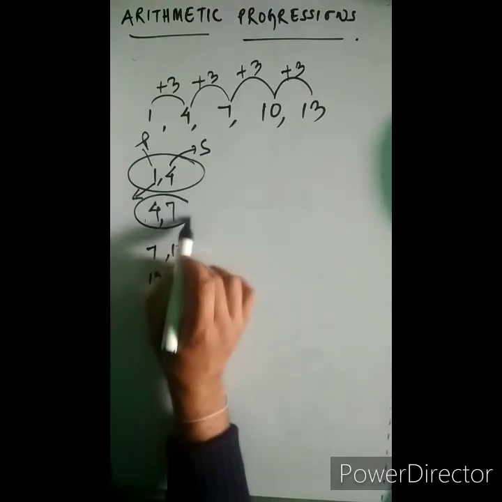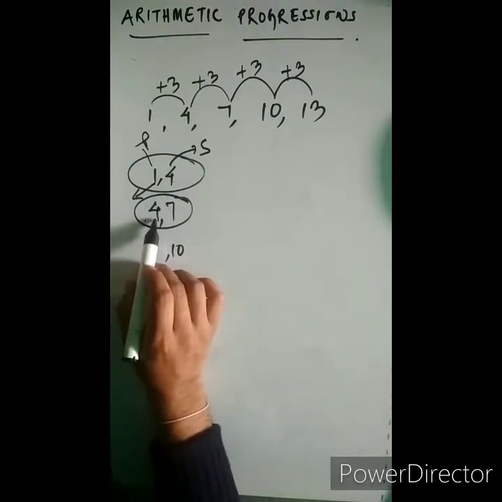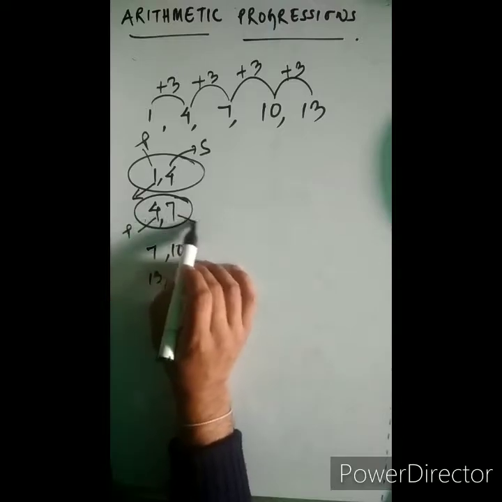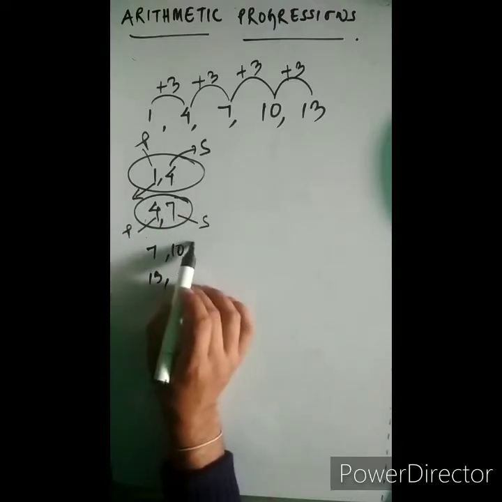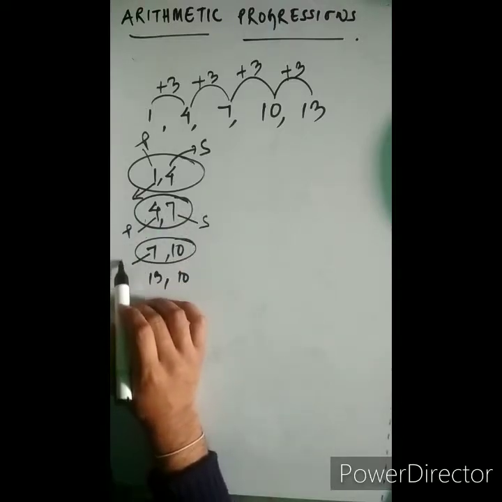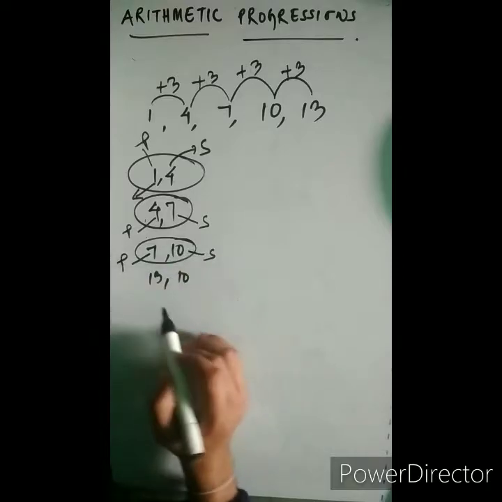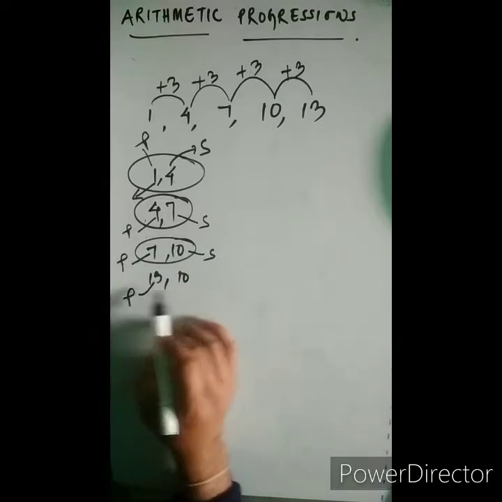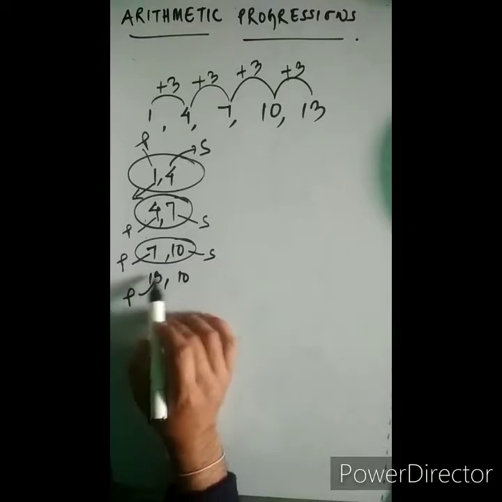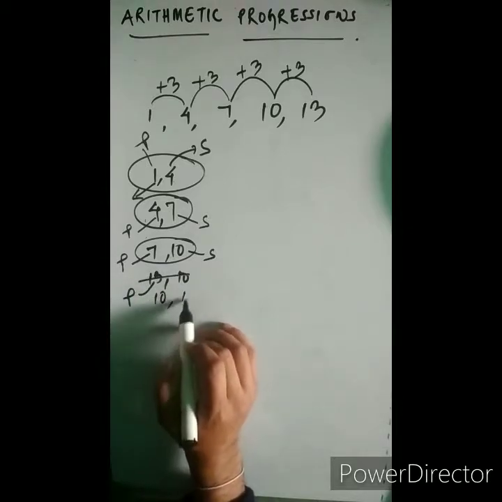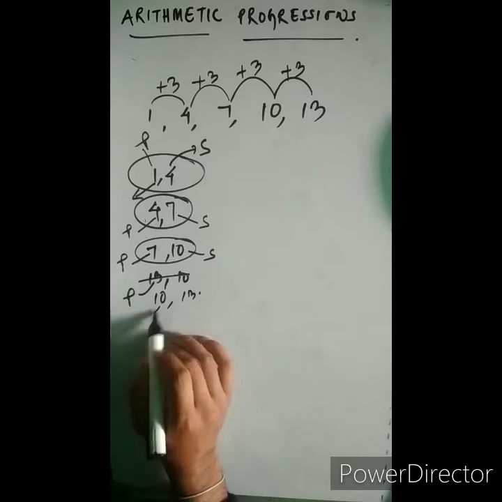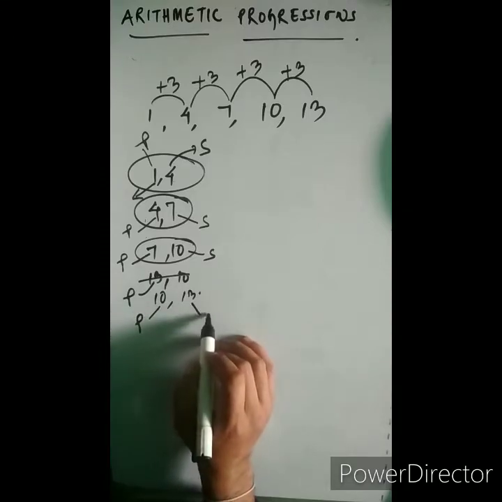So 4 is the preceding, 7 is the succeeding. Here 7 will be preceding and 10 will be succeeding. Here 10 is the preceding and 13 is the succeeding.